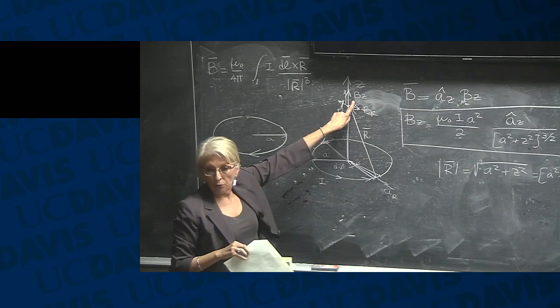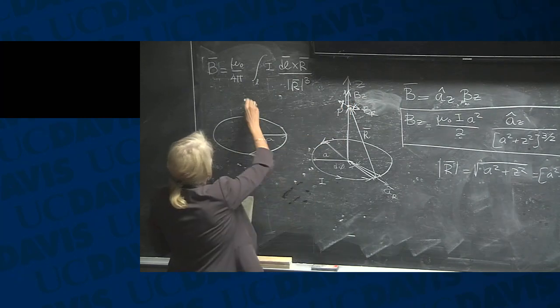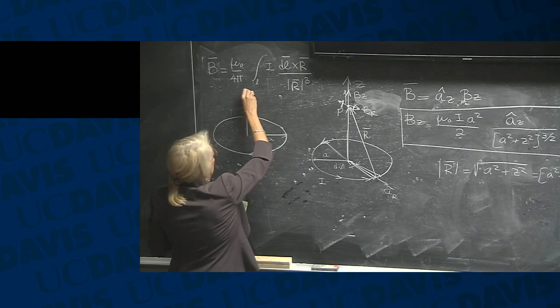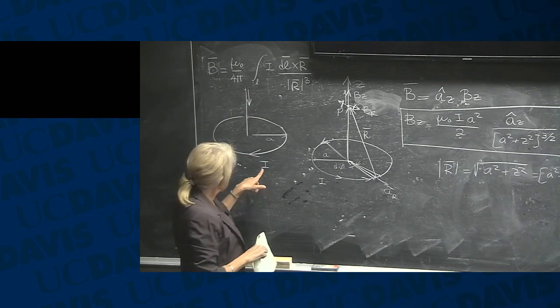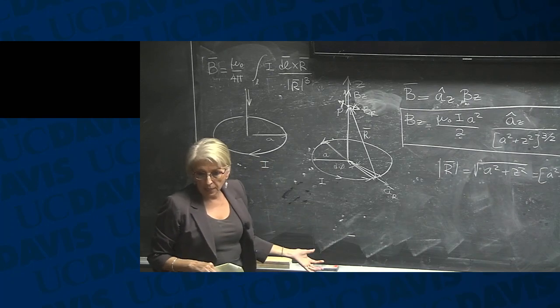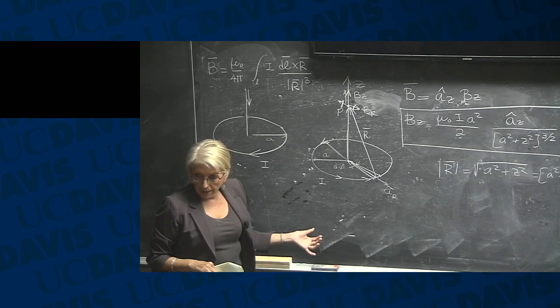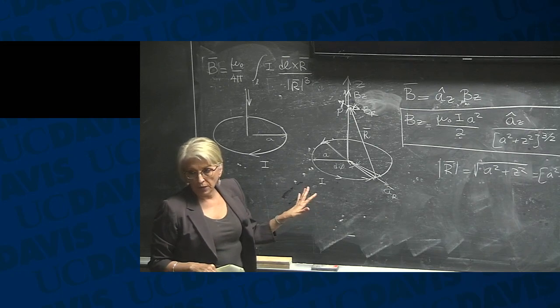Only the direction of B will be different. The direction of B at this point will be like this, because the direction of the current is different, that's all. Everything else is going to be the same. Got that? Okay. Any questions so far?